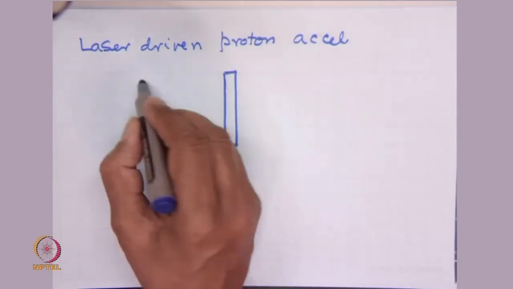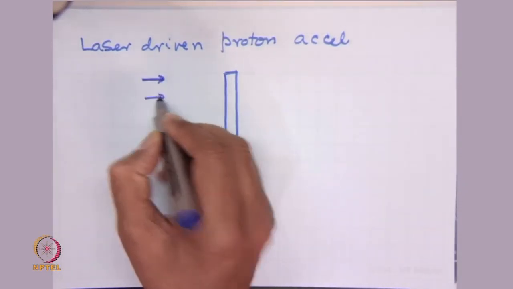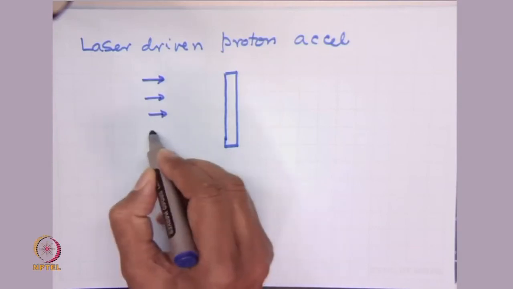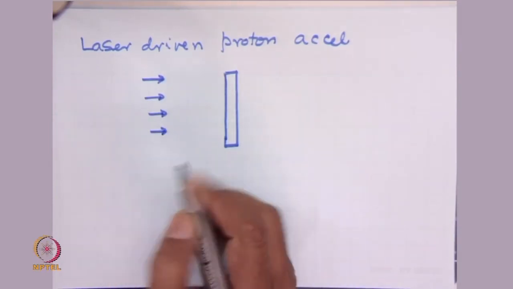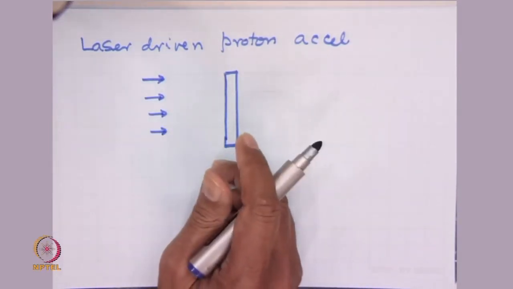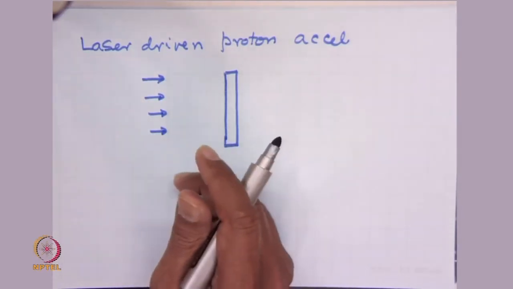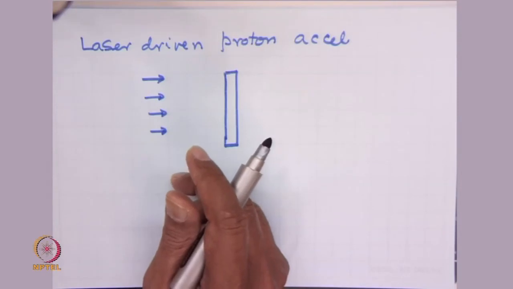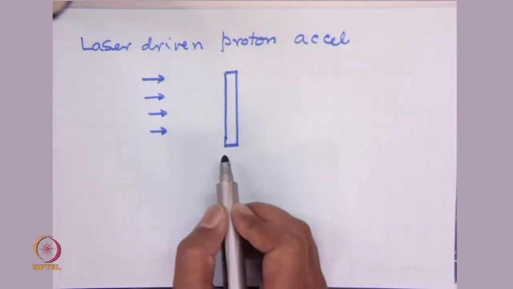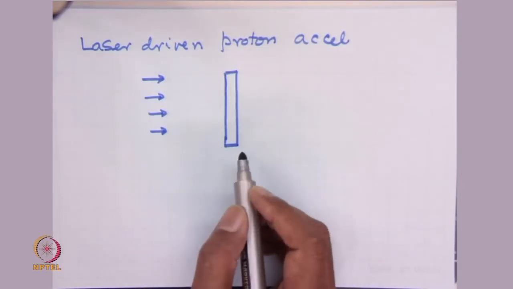If you shine laser light on this, actually hydrogen in foil form is not available, but what happens is that if you take any thin foil of some material, some water vapors are deposited on this face, and when this is converted into a plasma, you can certainly find a significant number of hydrogen ions or protons in the plasma.